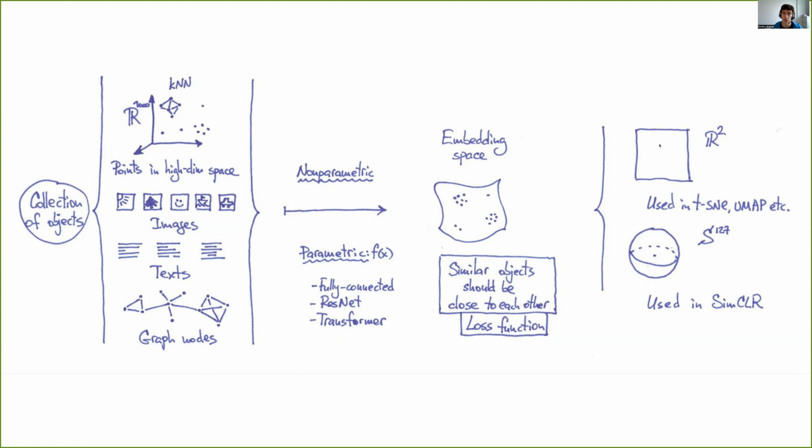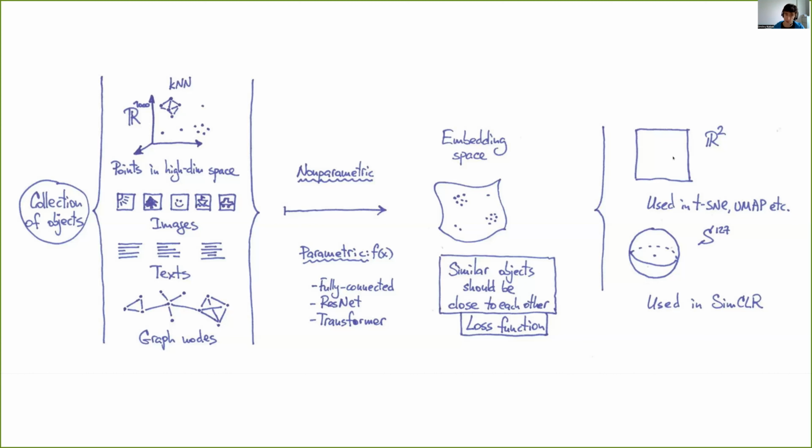When you're using tools like t-SNE or UMAP, things that are called neighbor embeddings, this is what is happening there. All of those methods find neighbors in a high-dimensional space and try to embed them in 2D so that the neighbors stay neighbors. So there is this underlying idea that similar objects, in this case neighbors, should stay close to each other.